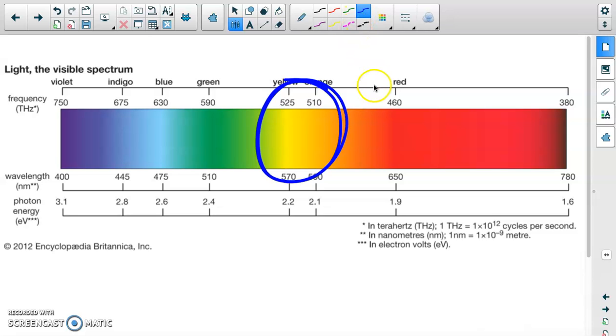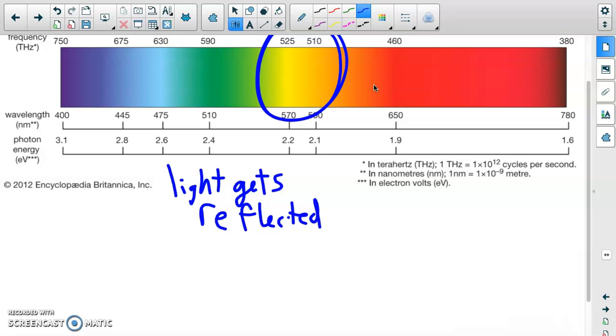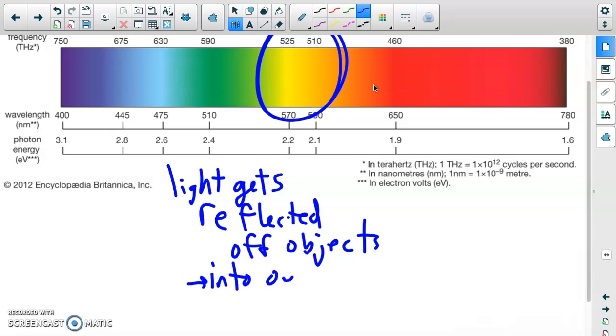But the point about the visible spectrum that we are trying to understand today is that the light gets reflected off objects and into our eyes.